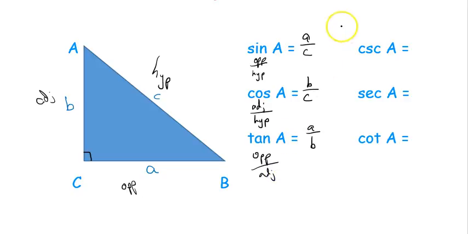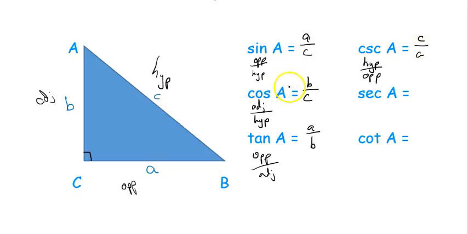Now, these other three, a lot of times we just use sine, cosine, and tangent to figure things out, but in this class we'll be using all 6. So cosecant I have paired with sine because it is actually the flip of sine. Sine is opposite over hypotenuse, cosecant is hypotenuse over opposite, and so it would be c over a. If you know the sine, you can just flip it and get the cosecant.